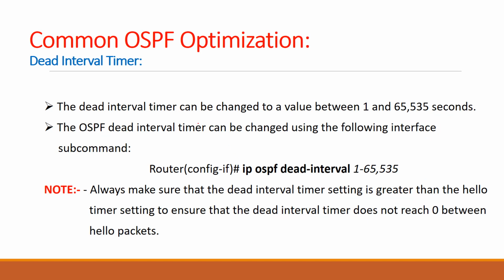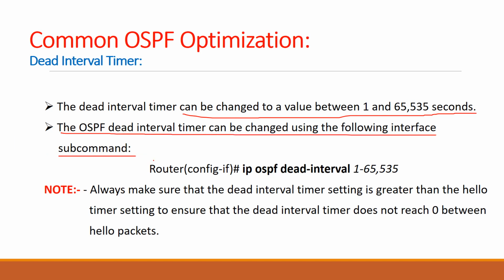The dead interval timer can be changed to a value between 1 and 65,535 seconds. The OSPF dead interval timer can be changed using the following interface subcommand: ip ospf dead-interval and a value in seconds.